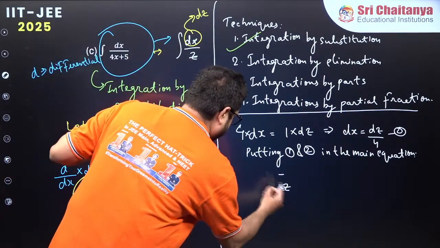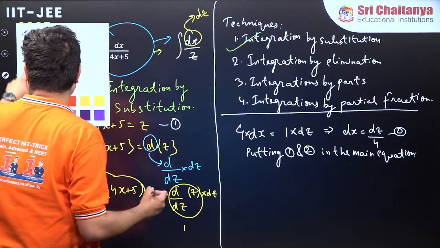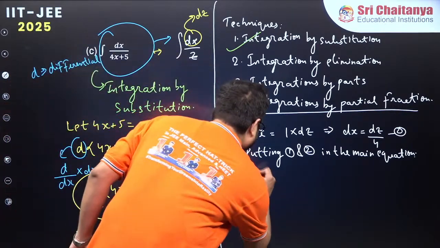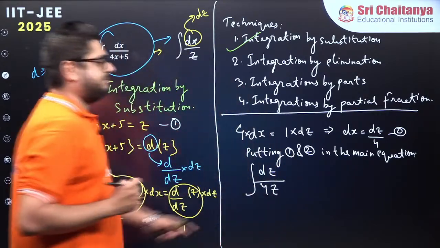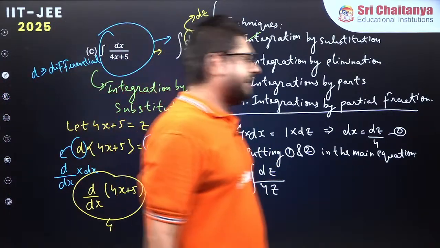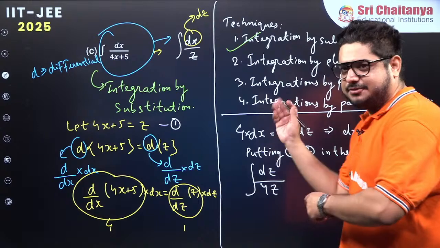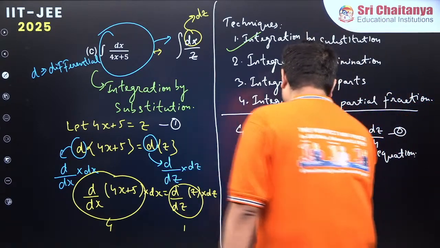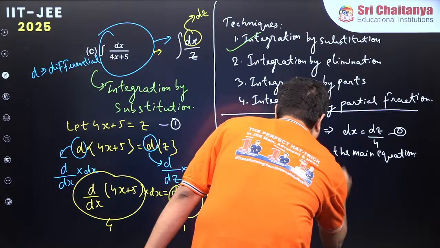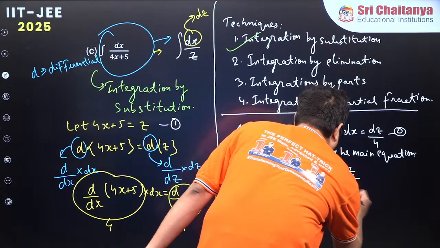I am writing it with a bigger font size. dz by 4 into z. So this 1 by 4 can be taken outside the integral, isn't it? Take it outside. 1 by 4 integral of dz by z.